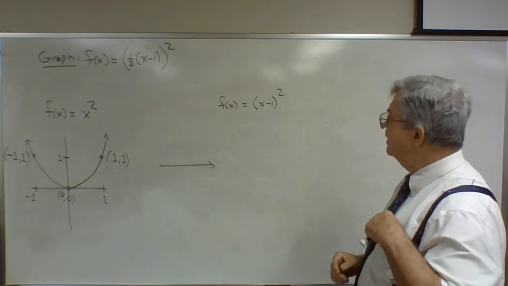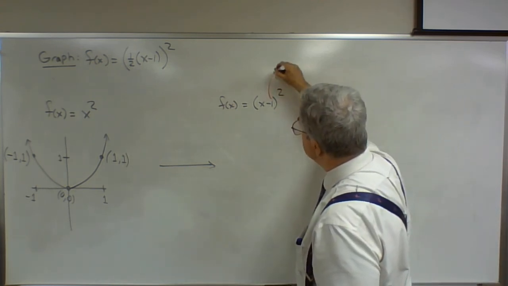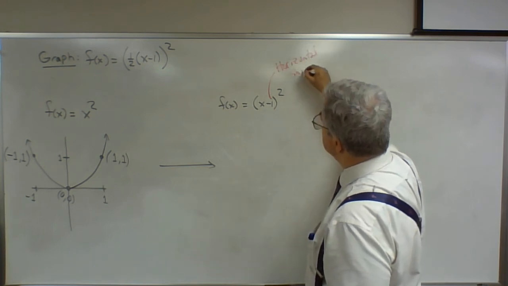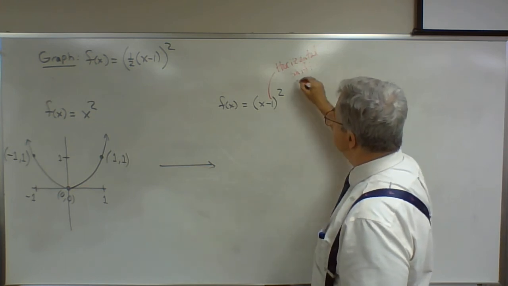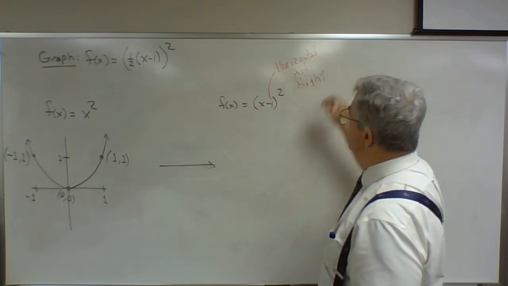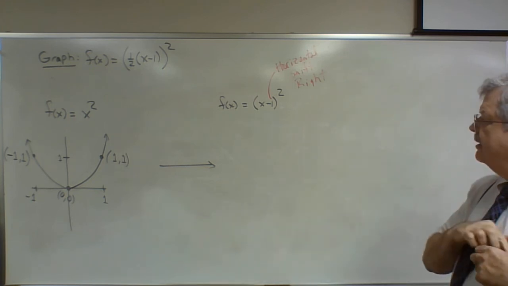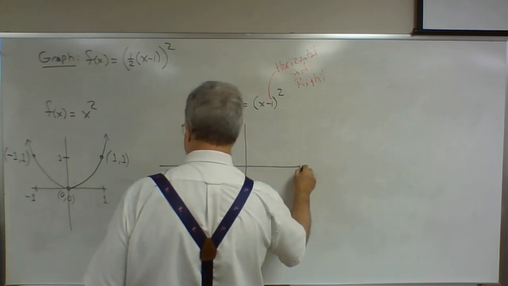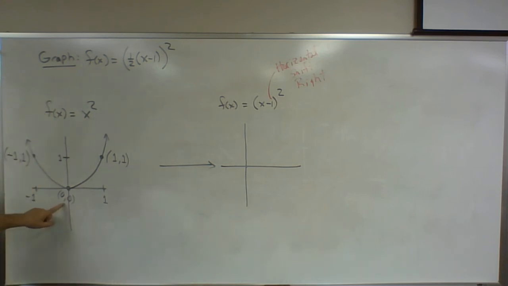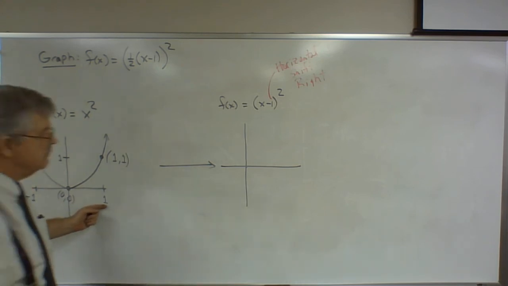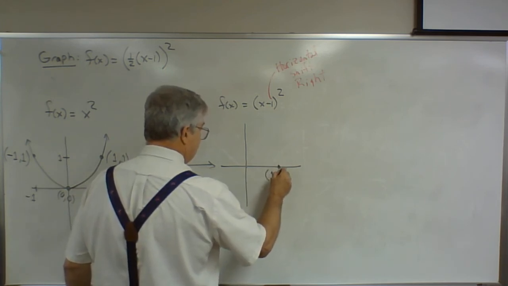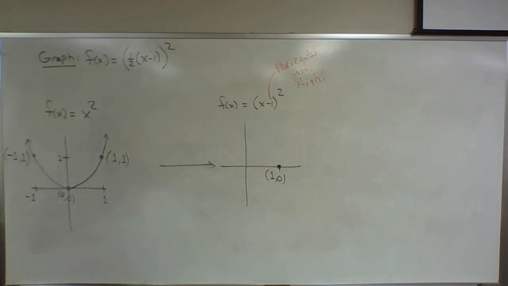Oh, we know what this baby does. Horizontal shift. And this is negative, so it's going to go to the right 1 unit. I can do that. This point is going to go 1 unit to the right. This point is going to go 1 unit to the right.